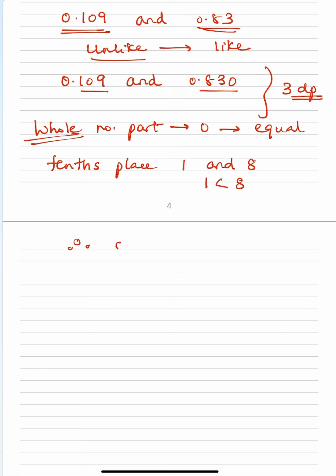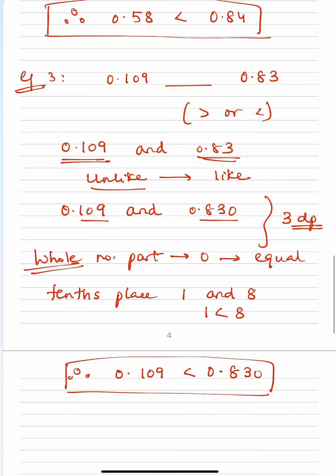So therefore 0.109 is less than 0.830, and this is the answer. So here in the blank you will write less than. Okay, first you have to make them into like decimals, and then we will compare the whole number part and the tenths part. This way we have to do the sums.